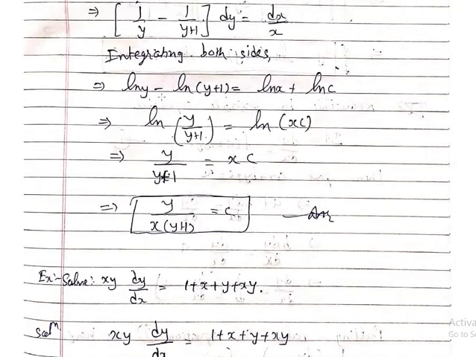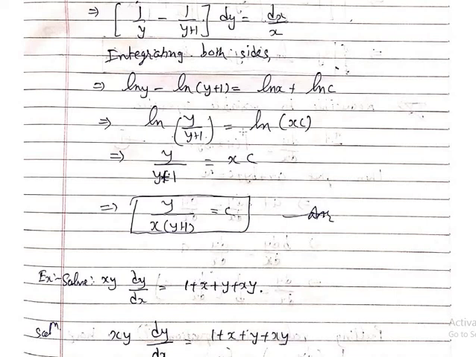log x, and since all terms are in the form of log, I have written the constant also in the form of log. To remove log, see, it is easy to remove log if you write it in the form of log directly. So applying the property log a minus log b is log a by b, you will have log y upon y plus 1 is equal to log x plus log c, since log a plus log b will be log ab.